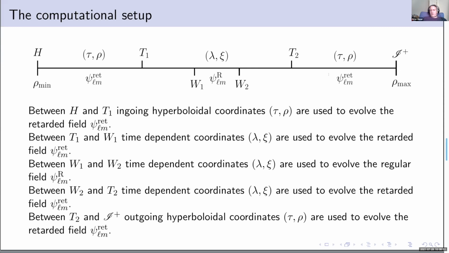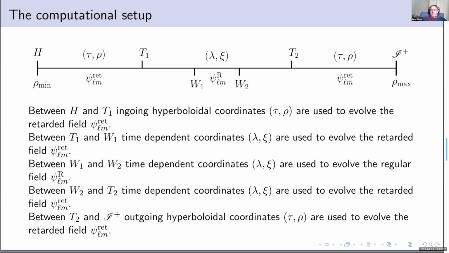And then between T2 and rho max or scri plus, we are evolving the full retarded field in outgoing hyperboloidal coordinates.